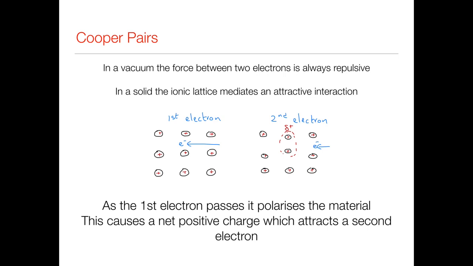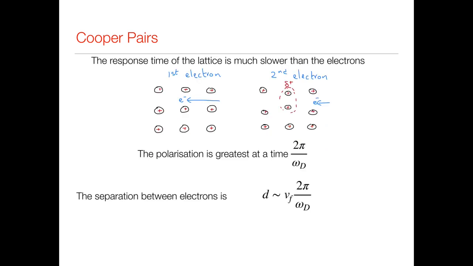As the first electron goes through the material, it's always causing these little polarizations, and the second electron is following it round because it's attracted to the net positive charge that it leaves behind. So that's my cartoon picture of how in a solid, electrons can actually be attracted to each other.